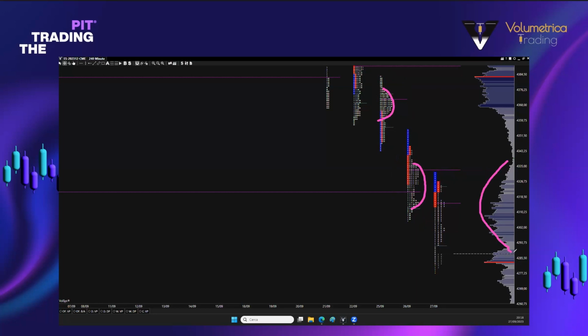And of course that makes sense, because market profile is also known as TPO profile, which stands for time price opportunity, and was actually the first tool launched in 1983 to represent volume according to price.